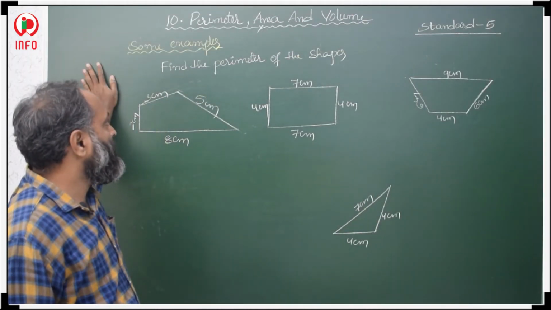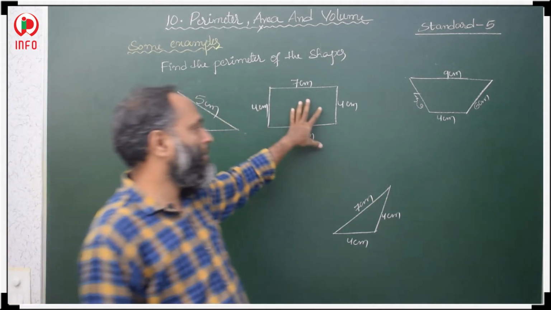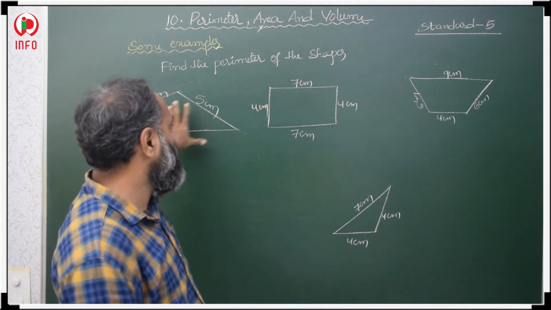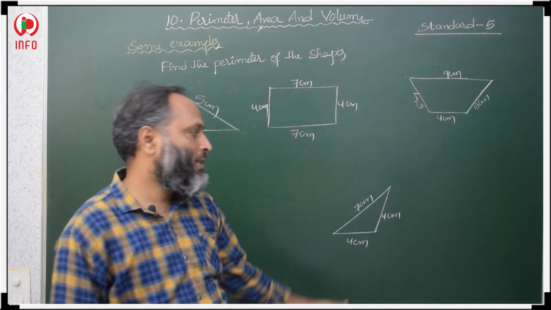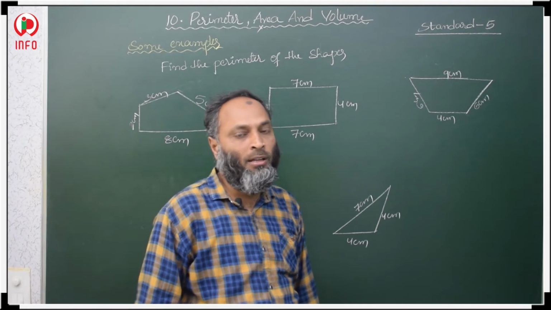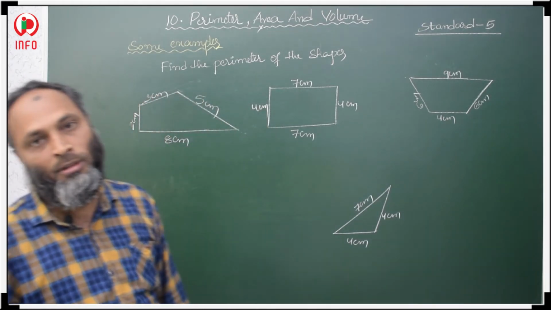Now, some examples are given to find perimeter. Here this is a four-sided closed figure, this is also a four-sided closed figure, and this is a three-sided closed figure. What is the perimeter? Perimeter is nothing but the sum of all sides.